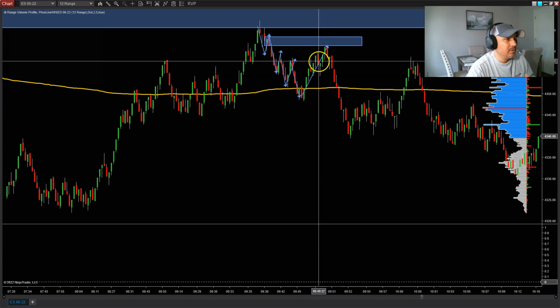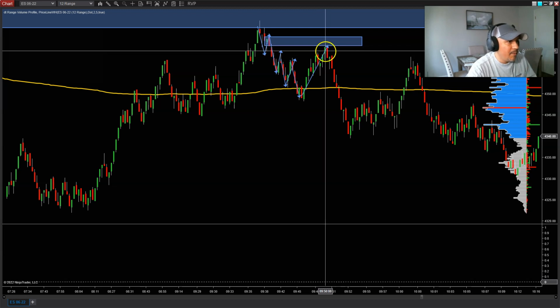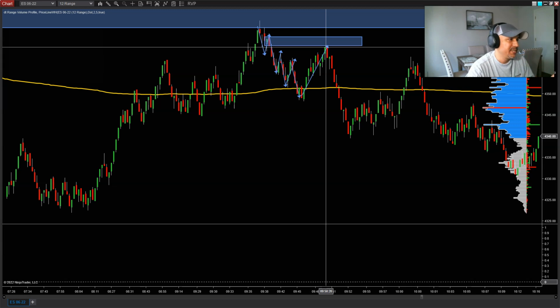So when I see price pull back to this area of supply on the 12 range, I already know I have supply on the 60 range, and it's rejecting. Now I have supply on the 12 range. This is definitely go time for me. This is where I'm really interested in saying, okay, this is going to be a good move.